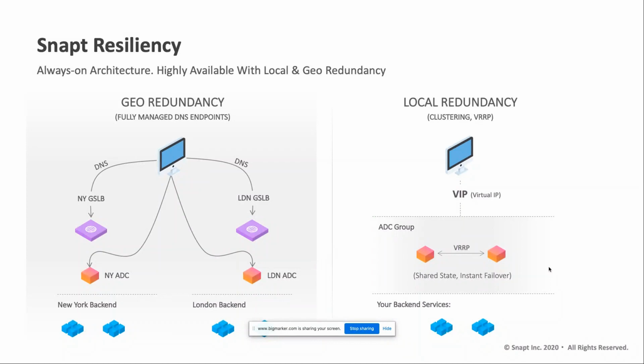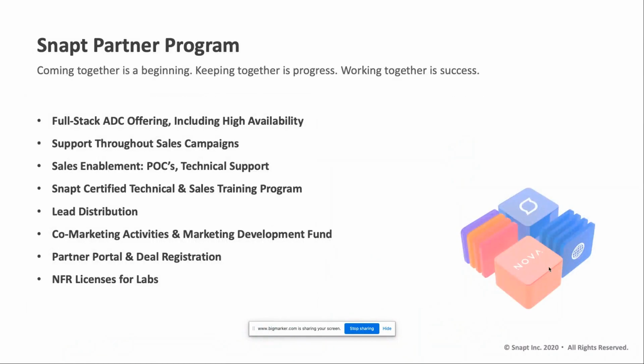And if anything happens to the primary node, the secondary node assumes responsibility and promotes himself to start delivering the traffic to your backend. So that is, of course, needless to say, included in the platform and extremely important for business continuity to ensure that you have an always-on architecture.